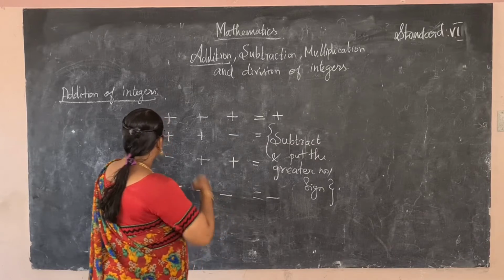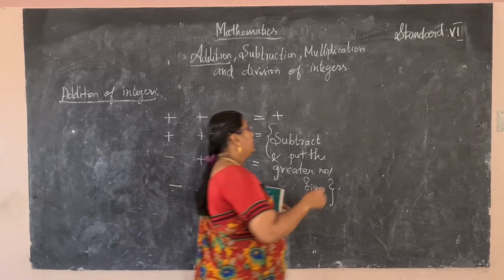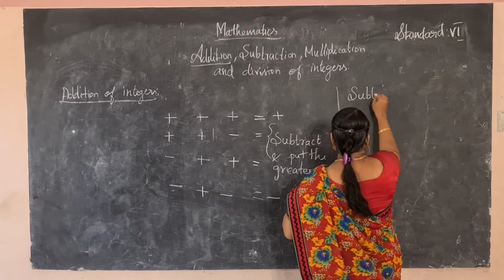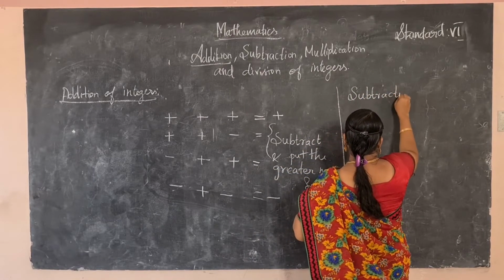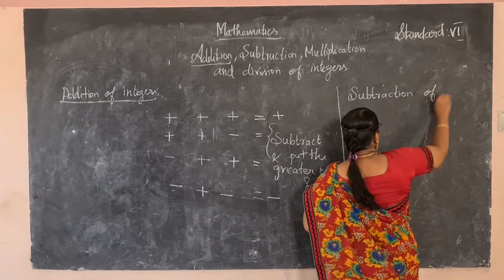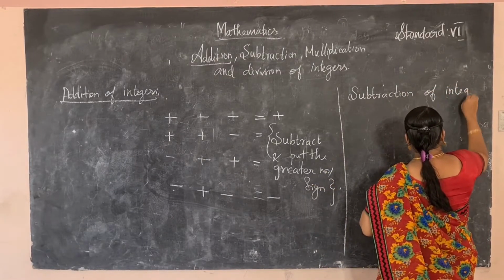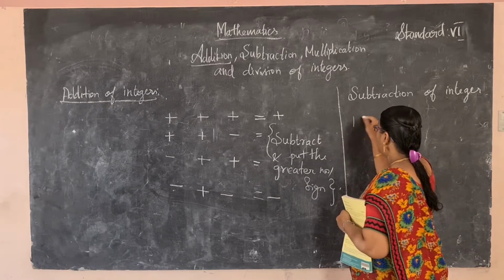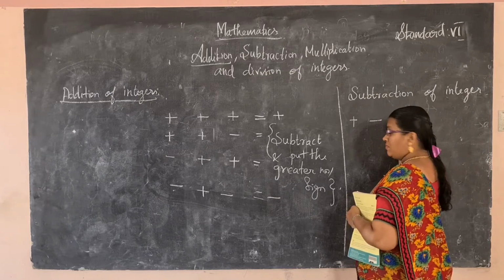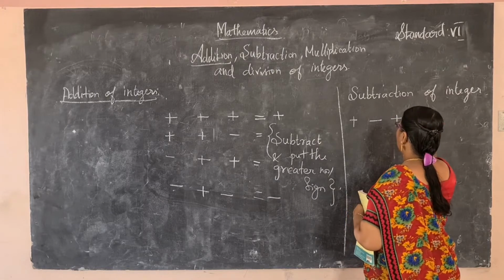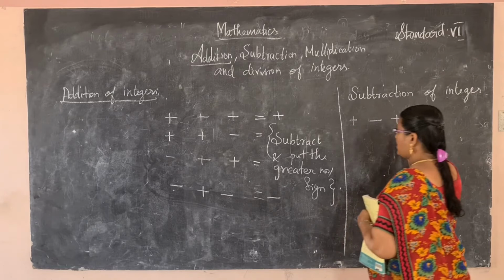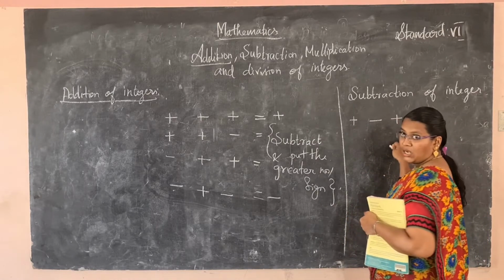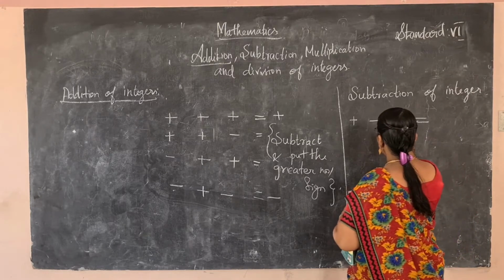Okay, see, this is the addition of integers, and this is the subtraction of integers, the same one. Plus minus plus: what do we get? Two numbers are positive. So minus into plus.